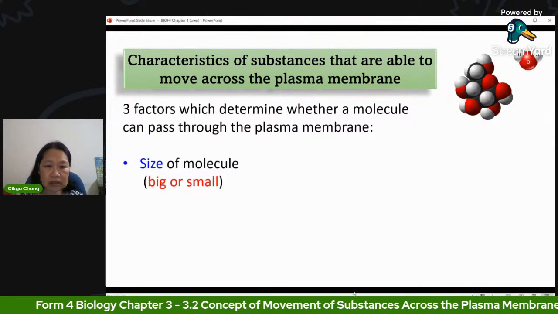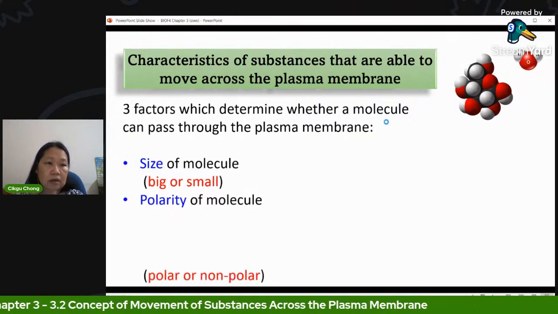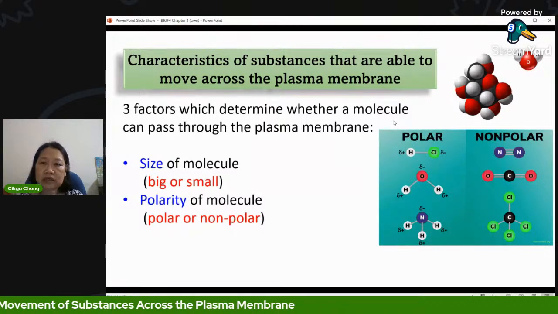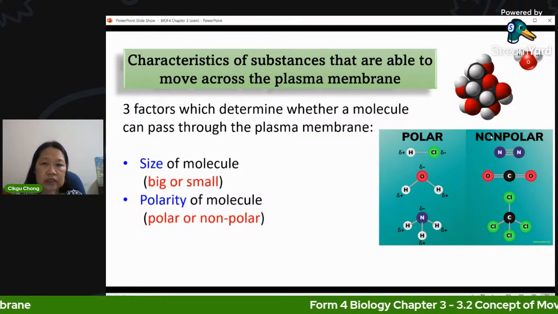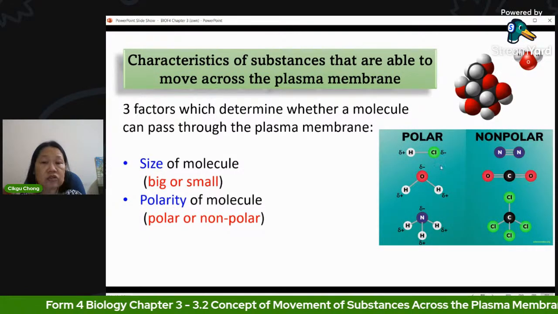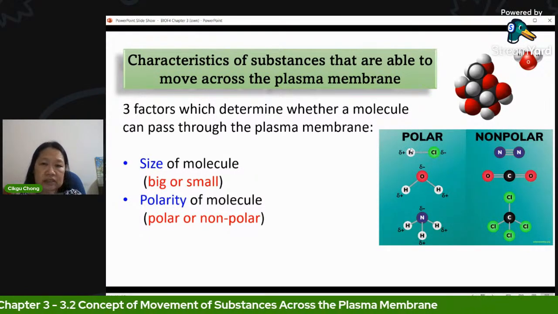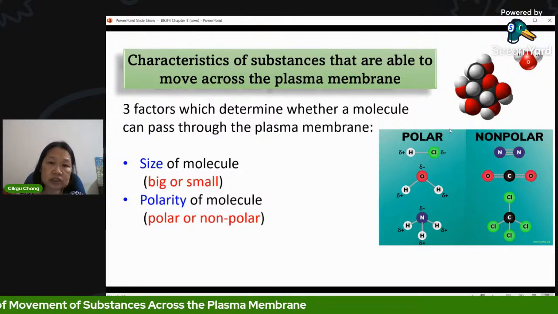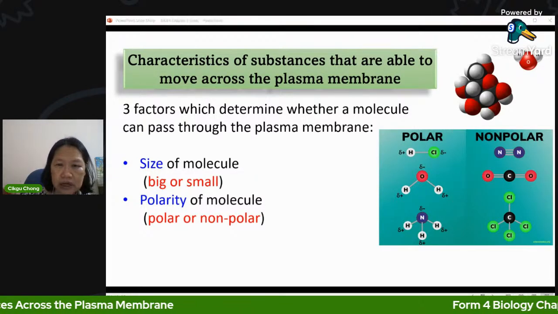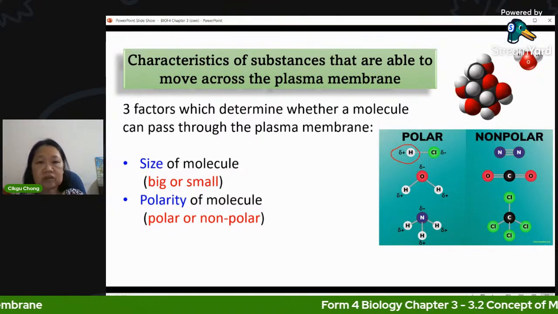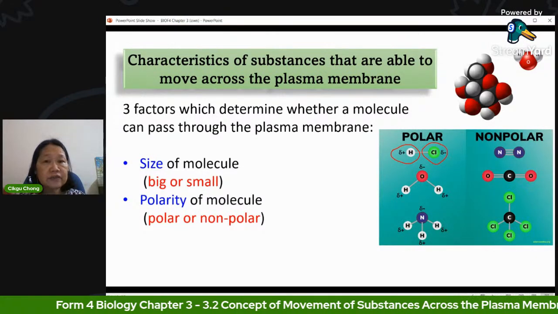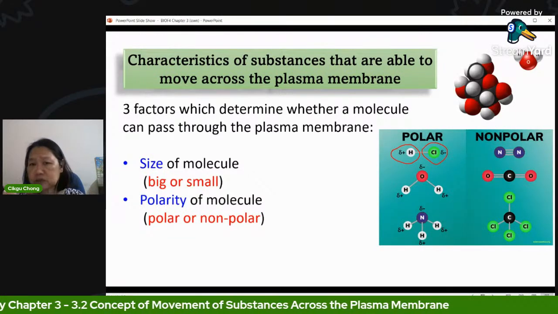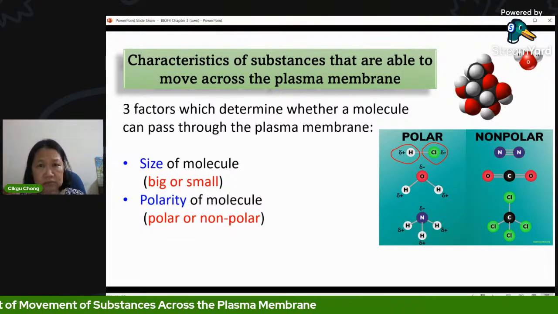The second factor is polarity of the molecule, whether it is polar or non-polar. Polar doesn't have the same meaning as charge. This polar molecule on the left is hydrochloric acid, HCl. The side nearer to the hydrogen atom is more positively charged because the electrons are unevenly distributed, nearer to the chlorine atom.